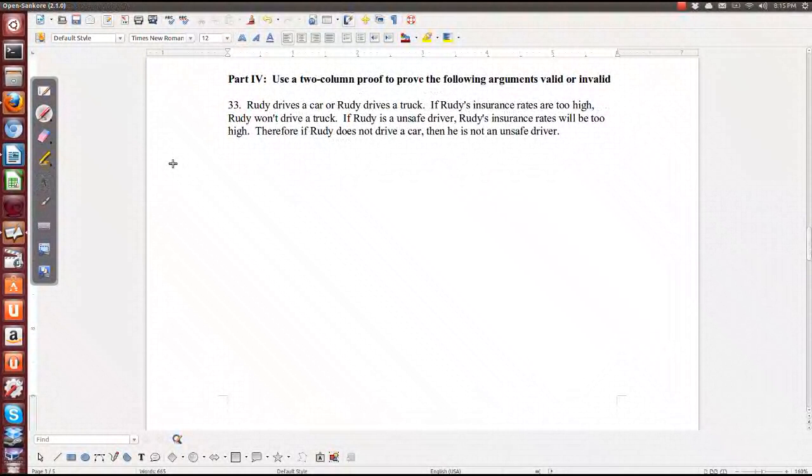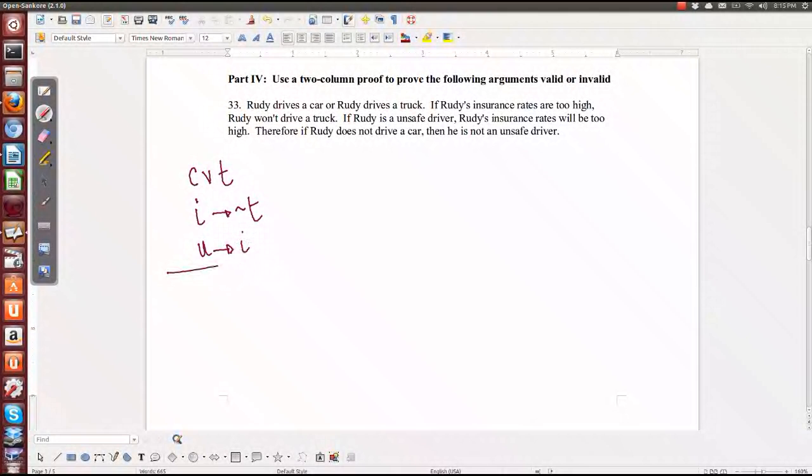For our 2-column proof, we have problem 33. Rudy drives a car, or Rudy drives a truck. If Rudy's insurance rates are too high, Rudy won't drive a truck. If Rudy is an unsafe driver, Rudy's insurance rate will be too high.